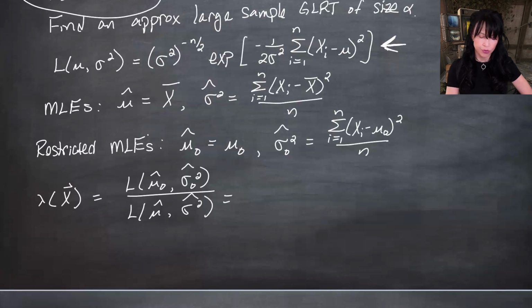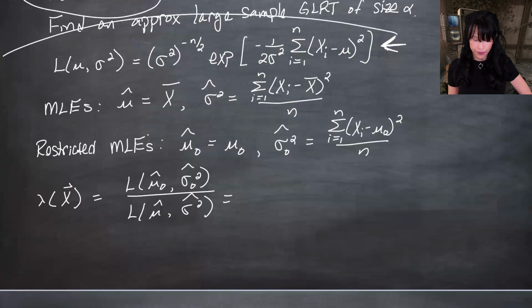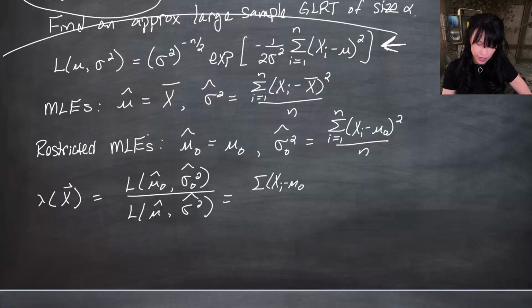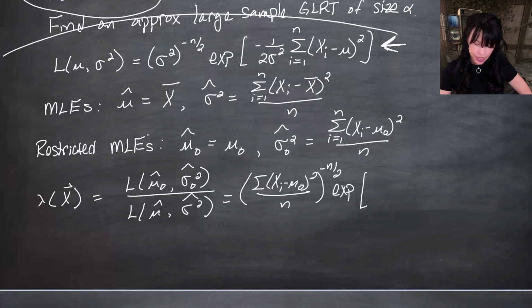The likelihood is right here. So let's plug in. I'm not sure I want to write this whole mess down. I think I should, though. I'm going to make a mistake if I don't. So I'm going to keep that negative exponent and everything. In the numerator, I'm going to put the sum of the xi minus mu naught squared over n, raise that to the negative n over 2, e to the minus 1 over 2 sigma squared.